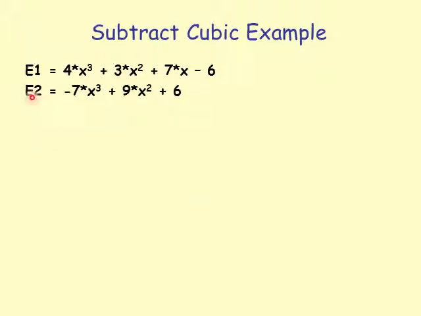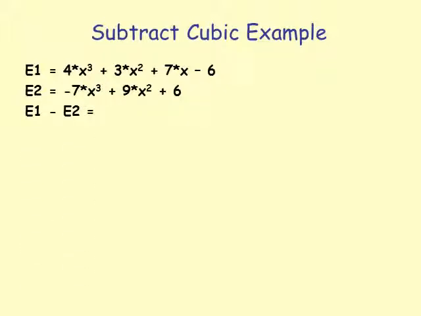The second one, E2, is minus 7x cubed plus 9x squared plus 6. We call these cubic expressions because the highest exponent value is 3.